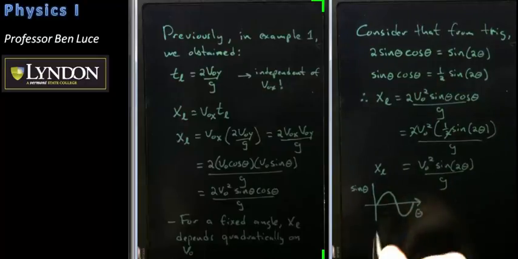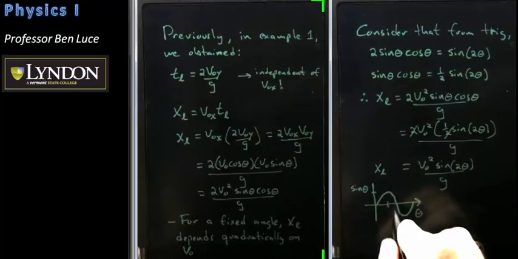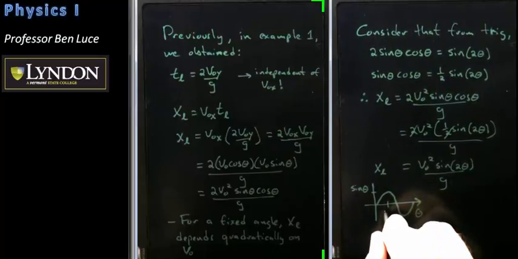Sine of theta looks like this, and it has its maximum value, which is a value of 1, at 90 degrees.